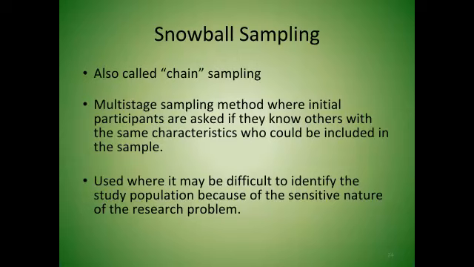Such populations may include street gang members, illegal drug users, sex workers, patrons of sex workers, and so forth. And from a public health perspective, these are important populations to research, but individuals in these populations would be difficult to identify and locate using other sampling methods.